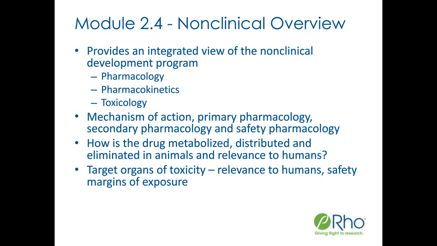So before you ever get to the toxicology studies in your program, you should examine some of the safety parameters in the animals that you're testing in your pharmacology studies. And then the pharmacokinetics, how the drug is metabolized, and ultimately the toxicology.